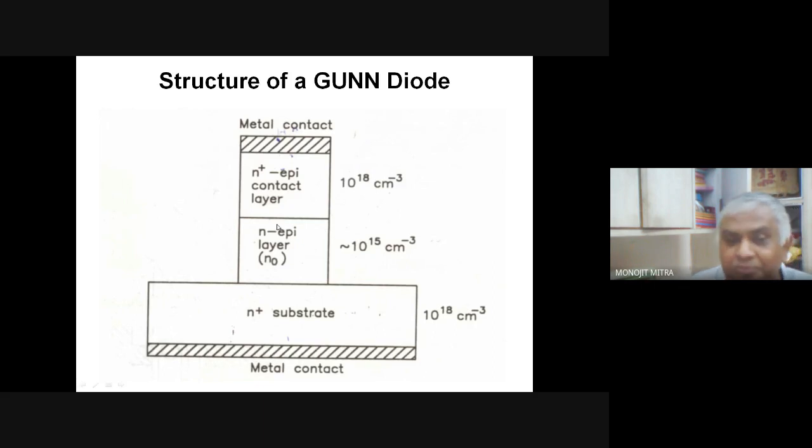As I told you in earlier classes, the IMPATT diode was fabricated by Johnson and Lee in 1965, because before that the growth technology, the machine to grow the device, was not developed.